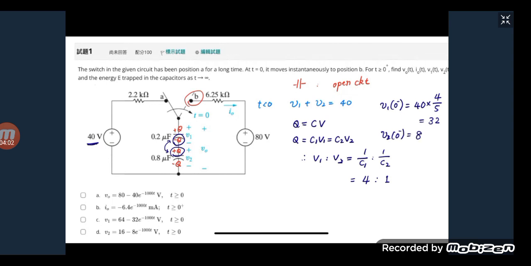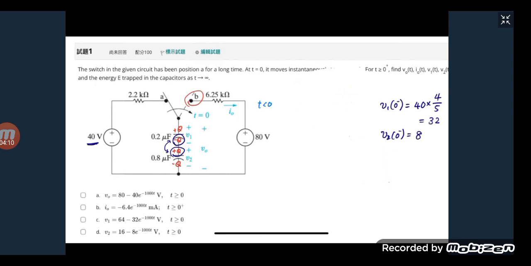Any questions? So here we find its initial voltage, and again the switch is connected to point B.